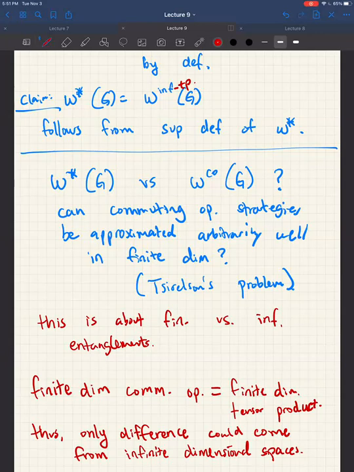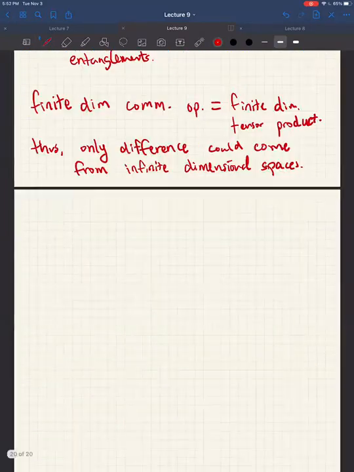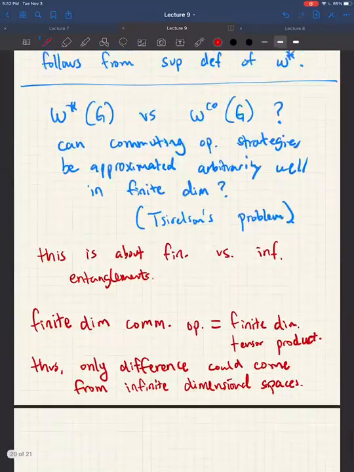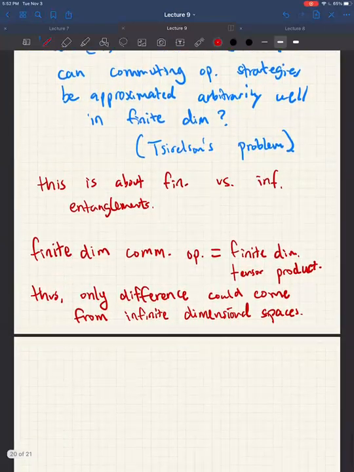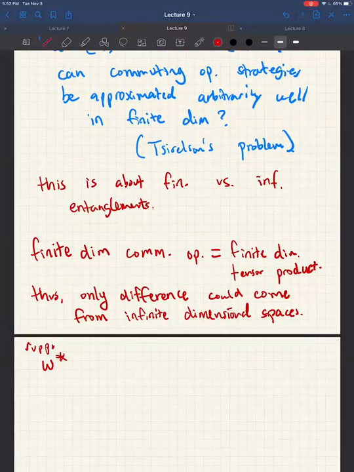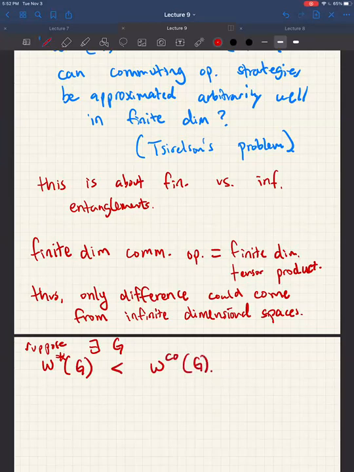So in some sense, this question is pretty simple. It says, is there a game out there for which, suppose that they were different. Suppose there existed a game where this tensor product value was strictly less than the commuting operator value.